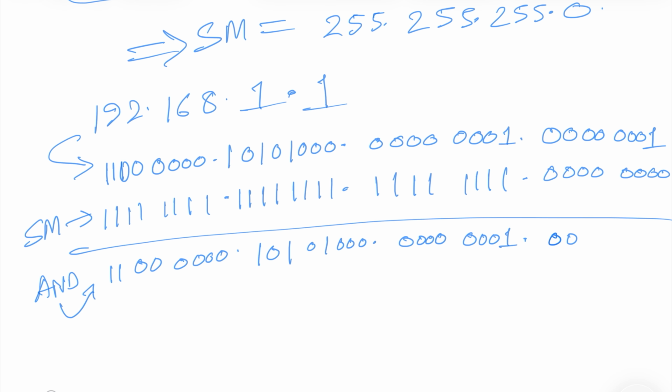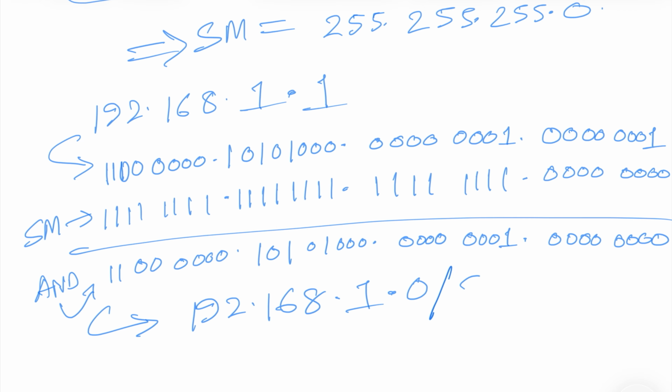At the end of the day, if you convert this again to decimal, this is 192.168.1.0/24. So I believe again I'm able to explain how the subnet mask and IP address operate with each other to find the network address.